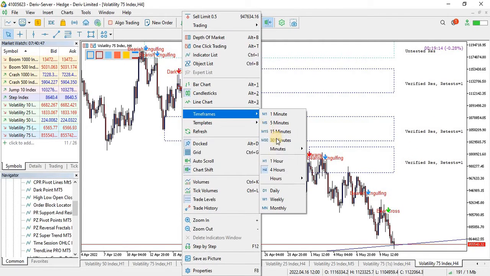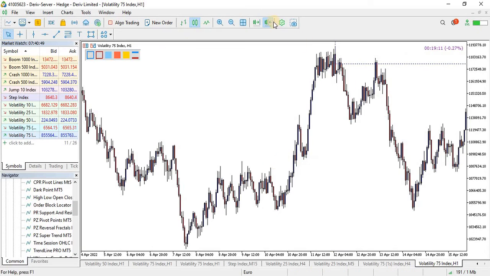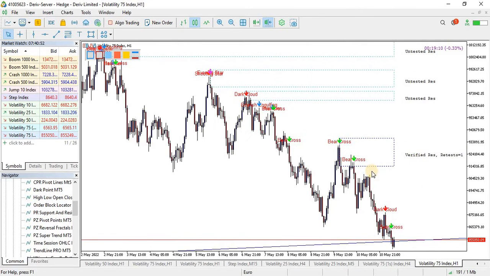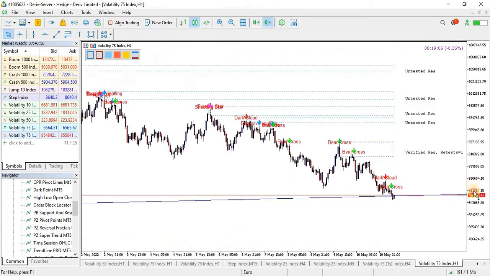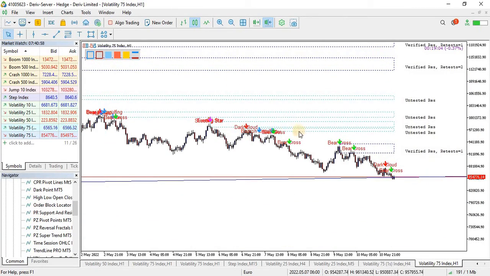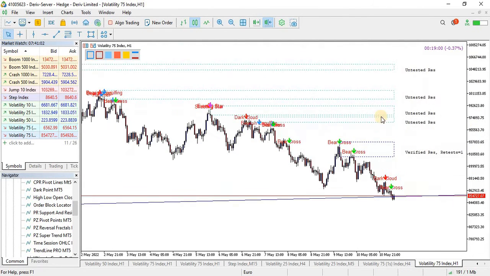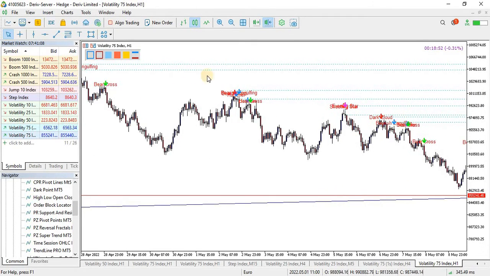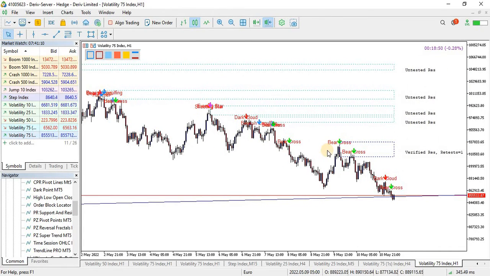That is also the same thing on the lower time frame. Verified resistance there, another verified resistance up there, a little bit of untested resistance zone, just untested resistance levels indicative of a strong downward push.